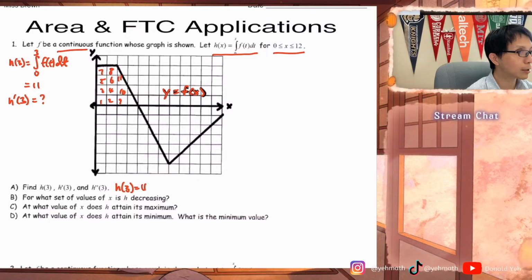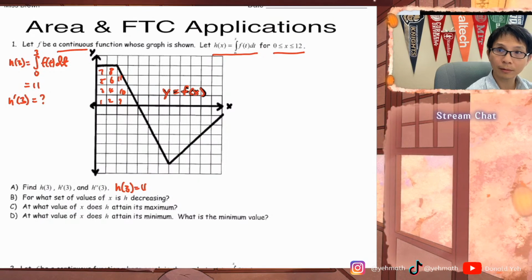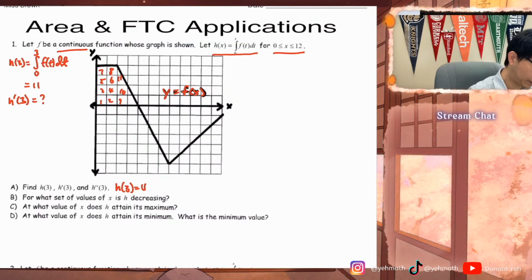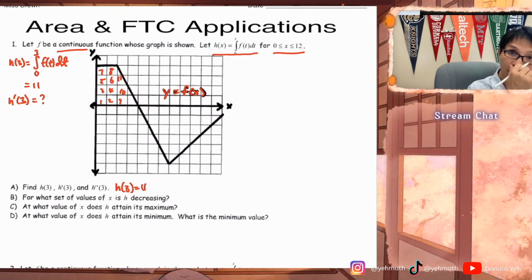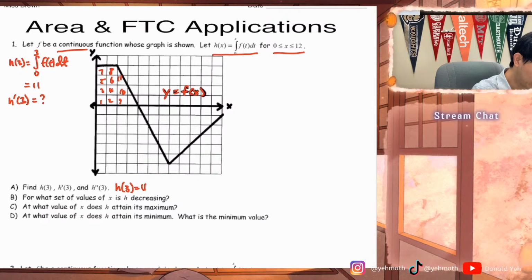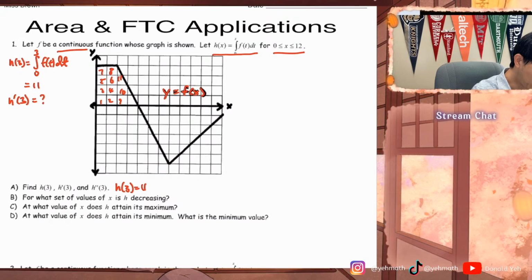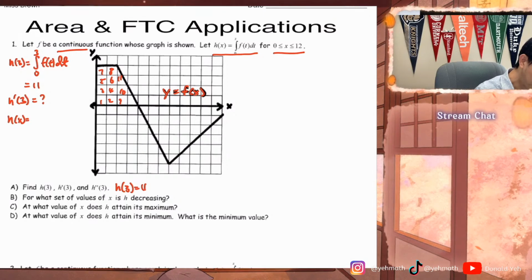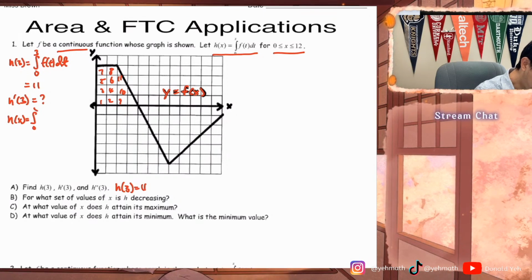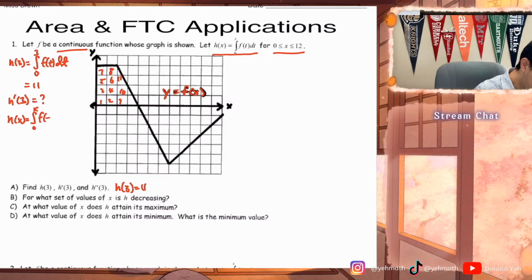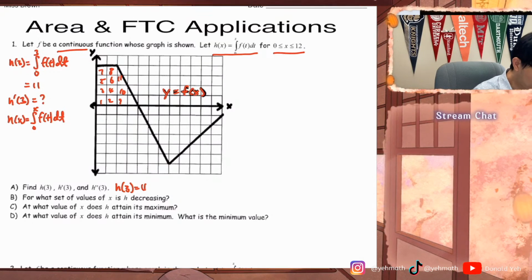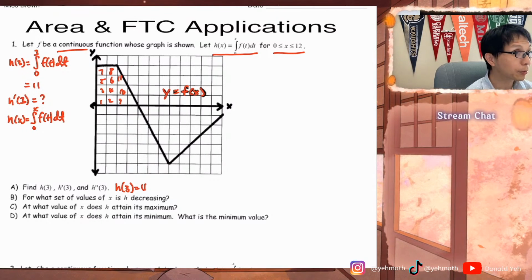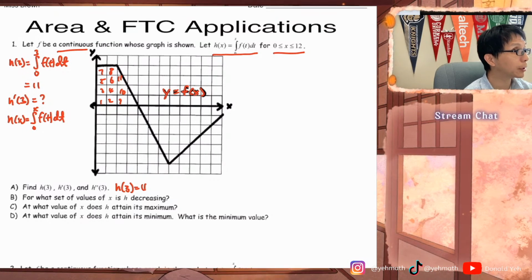I give you processing time to think about those. Well, let's start with the questions. What do you think h prime of 3 is? Yes.